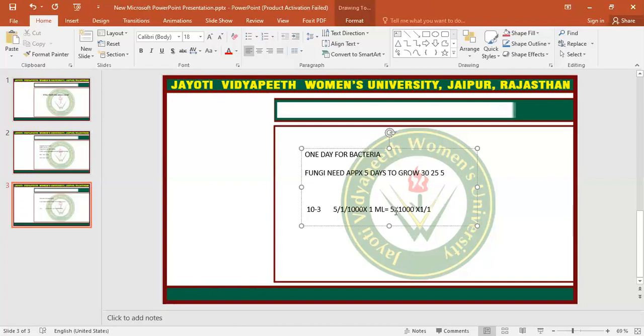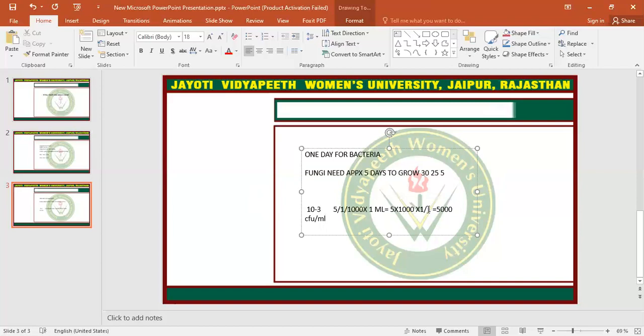So 5 into 1000 is equal to 5000, and 5000 multiplied by 1 is equal to 5000, and 5000 divided by 1 is equal to 5000 CFU per ml. So this is the result of 10 to the power minus 3.